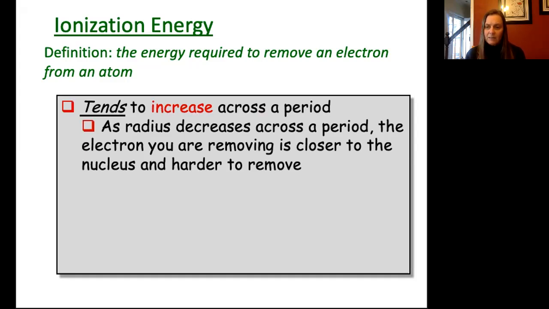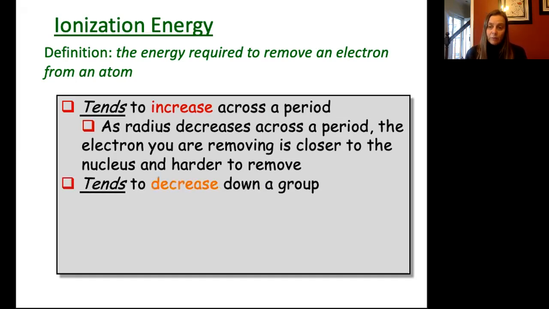If you have two magnets close together or even touching, they're hard to pull apart. But if they're a little bit away from each other, they're not as difficult to remove. So as our radius gets smaller and the protons and electrons get closer to each other, it becomes more and more difficult to remove electrons. And this is one of the reasons why metals lose electrons fairly easily, but nonmetals don't.